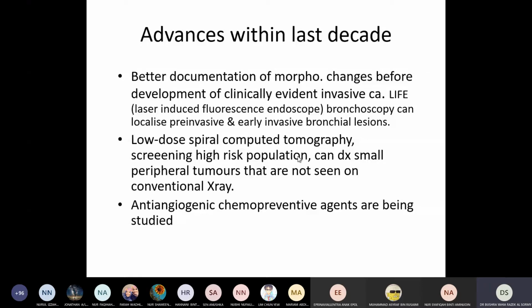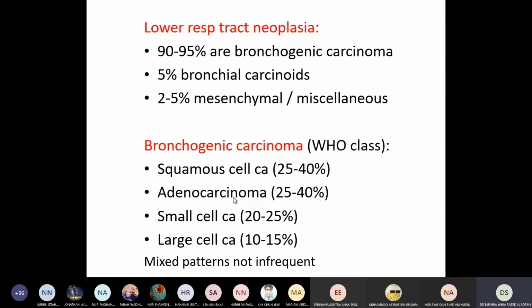Low-dose spiral computed tomography can screen a high-risk population and diagnose small peripheral tumors that are not seen on conventional X-ray. Sometimes you do the X-ray and cannot see anything, but with this advanced method we can detect the early lesion. Anti-angiogenic chemopreventive agents are also still being studied.